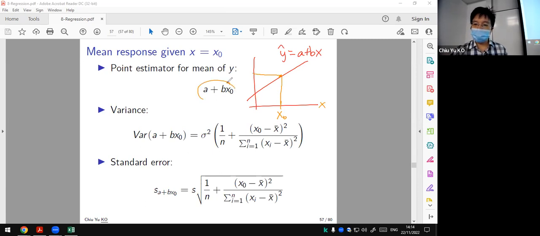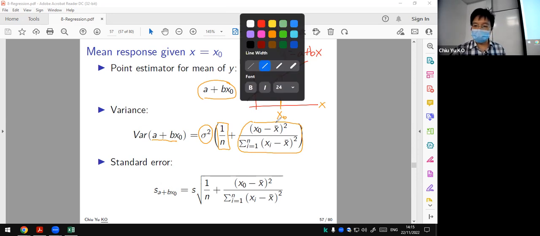This is our prediction of what Y on average should be. Of course, Y can be anything, but on average, Y lies here. And the variance of this will be just the variance of this term plus this number. We're not going to show the derivation.